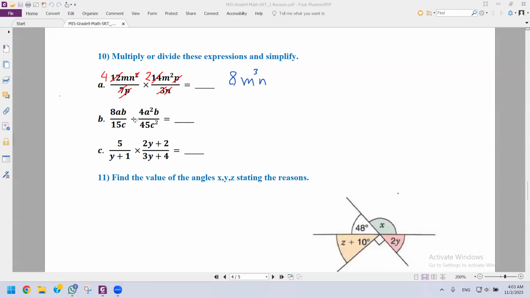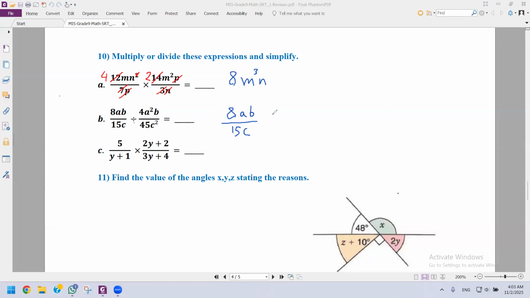Next one, I have division. Okay, but mister, we don't know how to divide fractions. Yes, true. So we change it to multiplication and we multiply by the reciprocal. So I change division to multiplication. The first one, I write it as it is. 8ab over 15c.